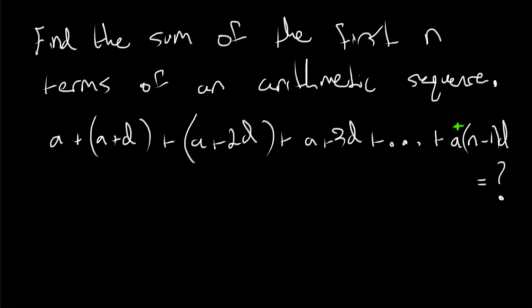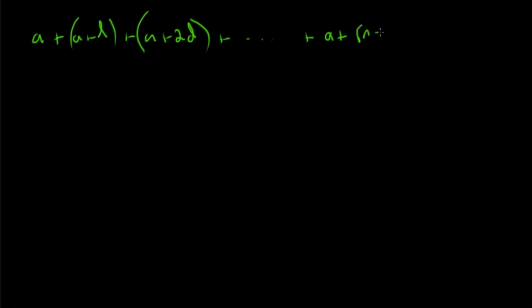All right, let's find the sum of this thing. So we have A plus A plus D plus A plus 2D, right, so on and so forth. What I will do this time is get to A plus n minus 2D, and then the final term is going to be A plus n minus 1 times D. Sorry, I forgot a plus there once again.